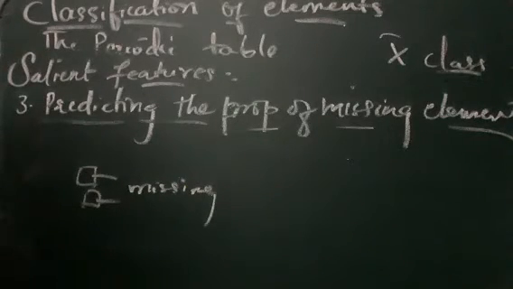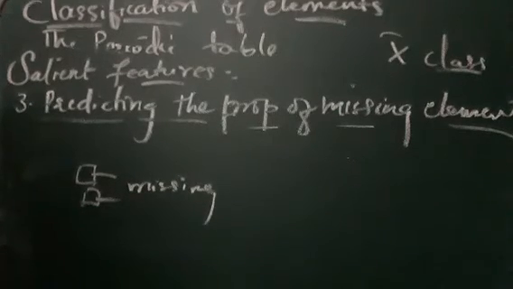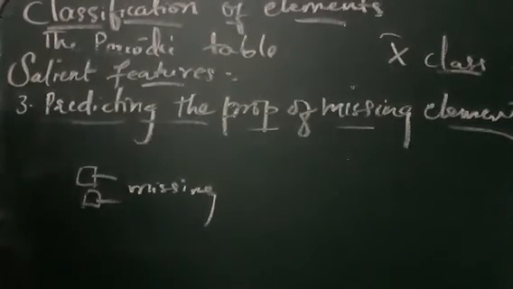Mendeleev believed that some new elements would definitely be discovered in future. Till then, he kept the empty space. He predicted the properties of these new elements depending on the table. He named these elements Eka.